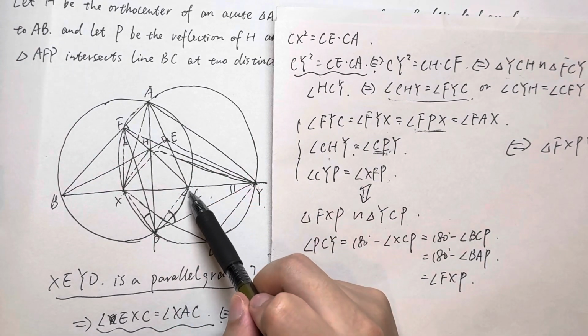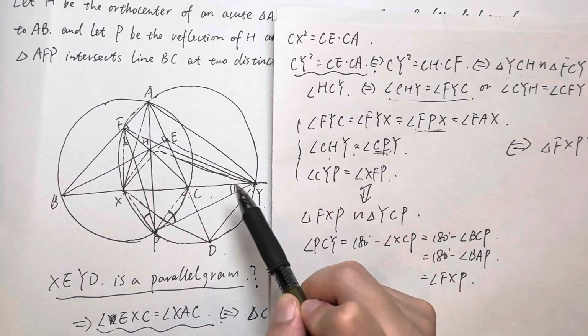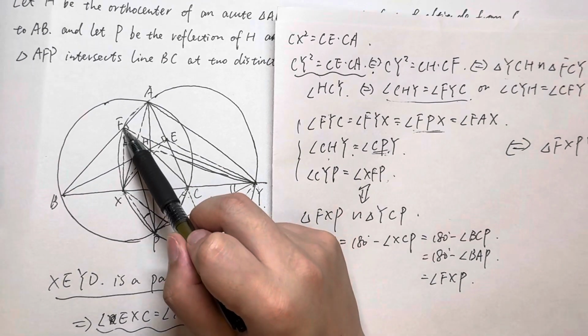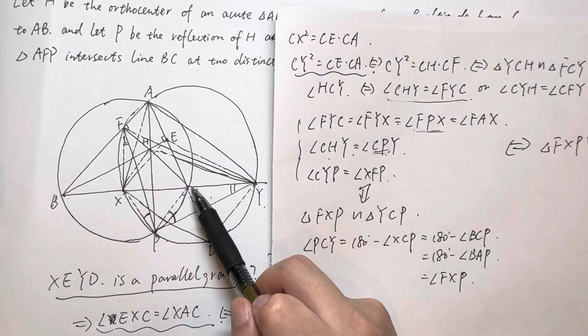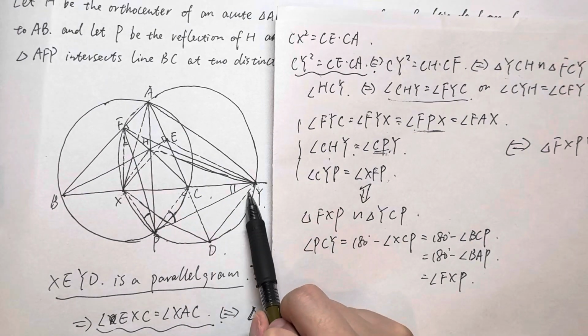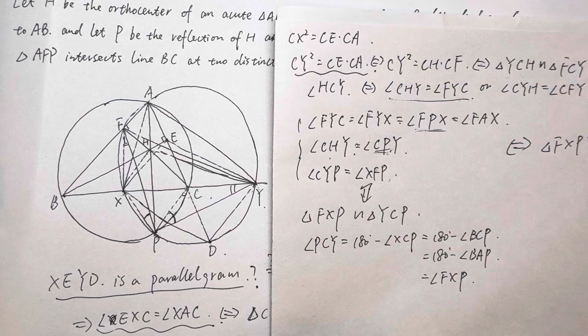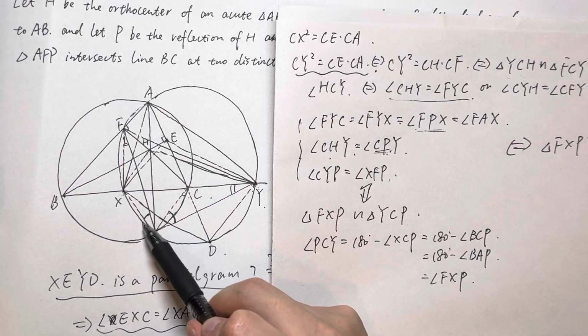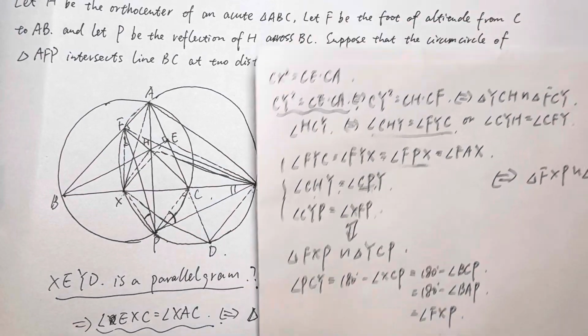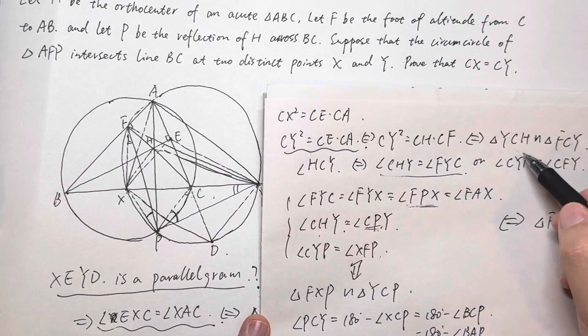That means the triangle CPY is similar to triangle XPF, which means angle XPF equals angle CPY, right? So these two angles are equal, which means we come back to here.